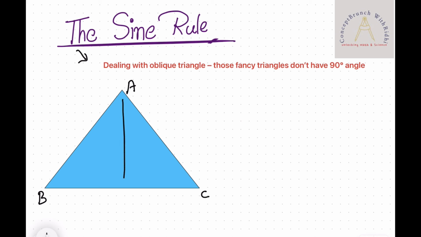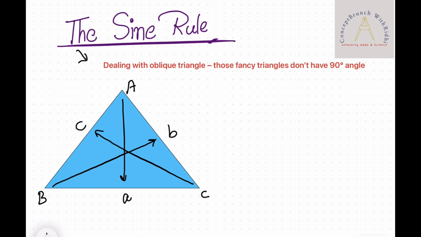For example, the side opposite A we call small a, the side opposite B is side b, and the side opposite C is side c. This is very important to understand. Okay, now this is clear.